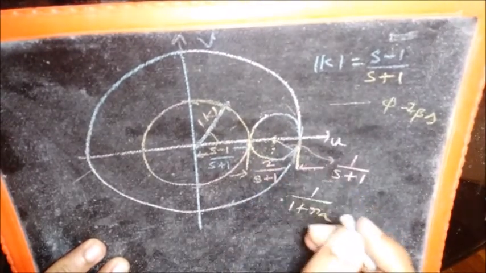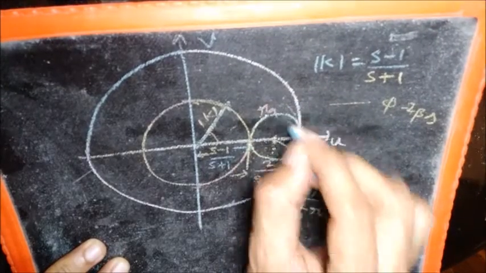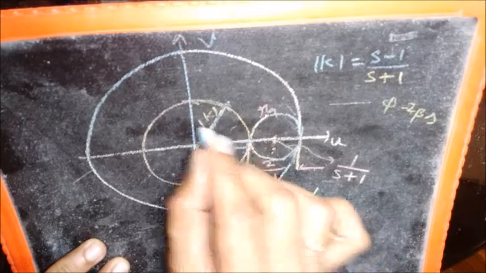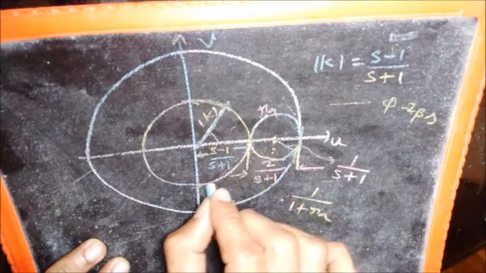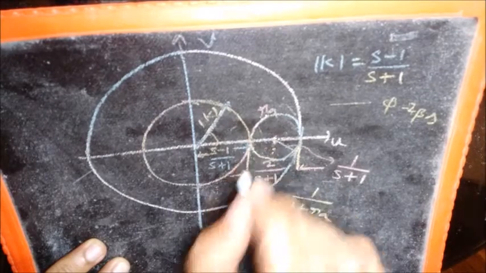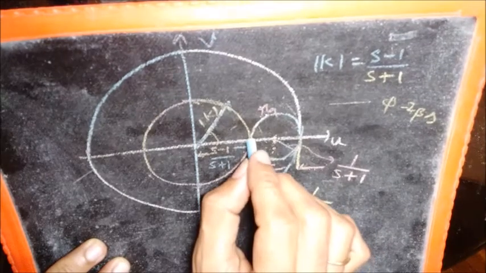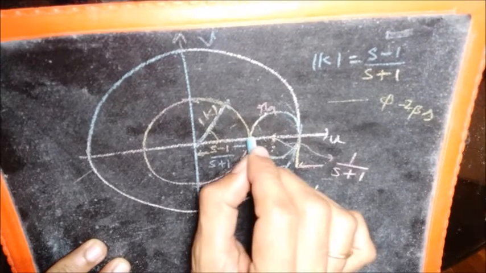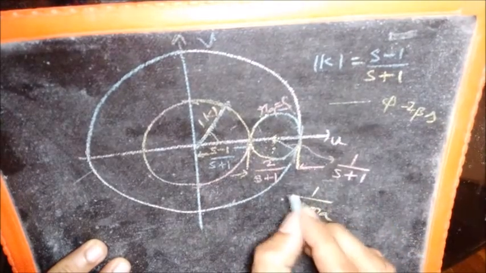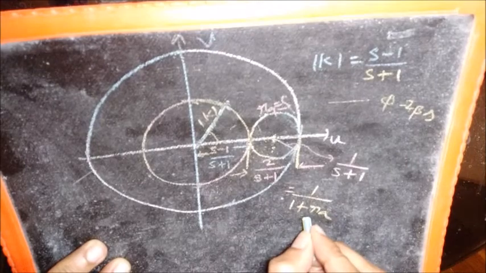Which means that the RA of this circle, which touches the circle which has a radius S minus 1 by S plus 1 on the real u axis, will have a value equal to S, because 1 by S plus 1 is equal to 1 by 1 plus RA.